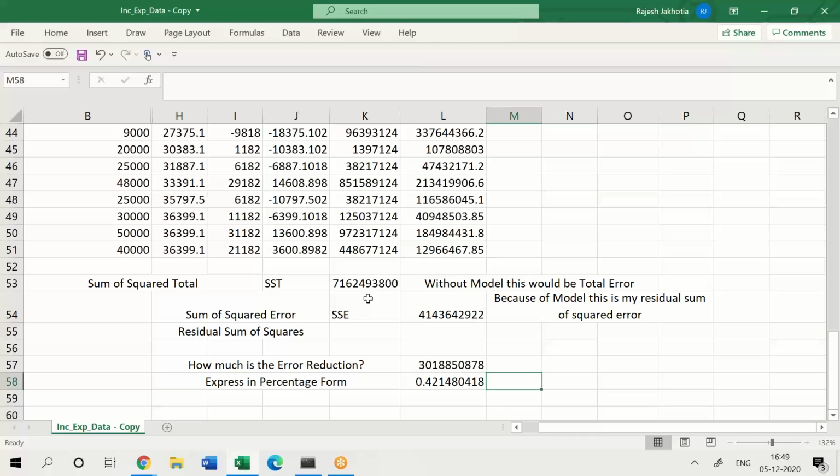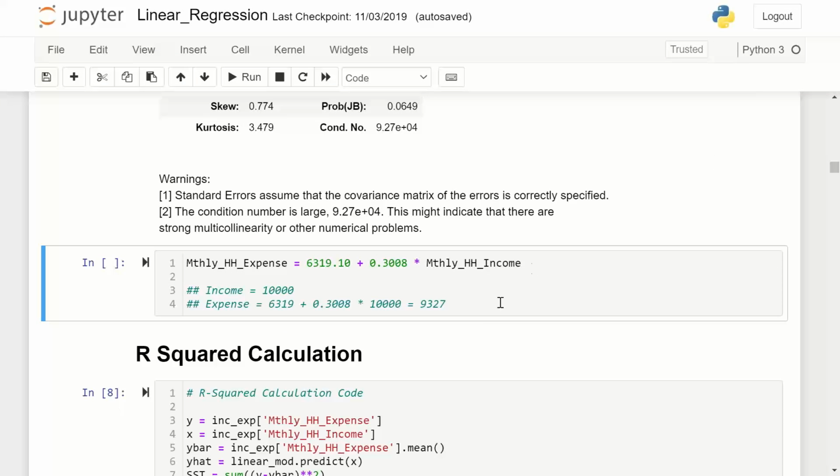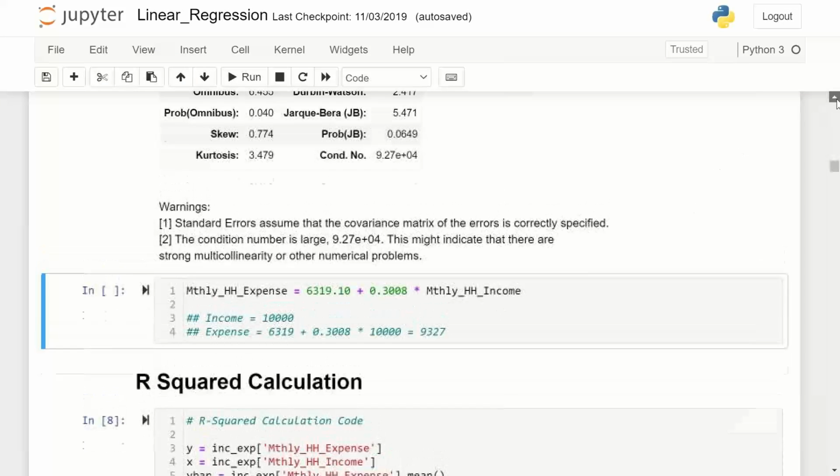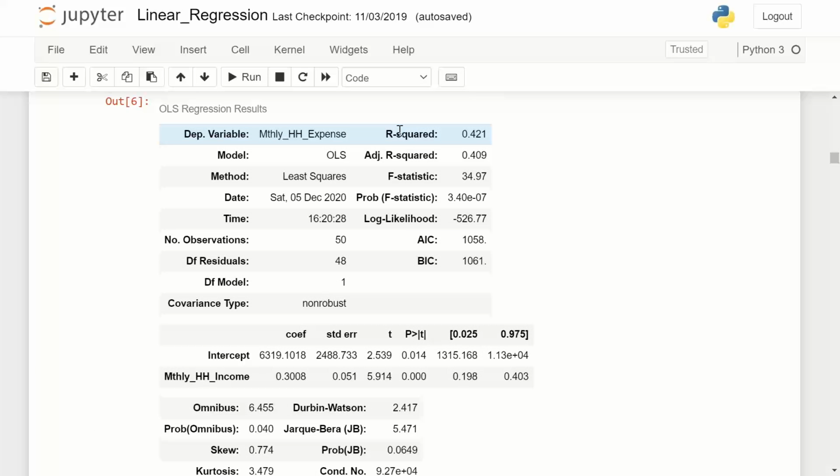And this is my R squared. This 0.421 is my R squared. If we go to our linear regression and just compare R squared, 0.421 is the number.